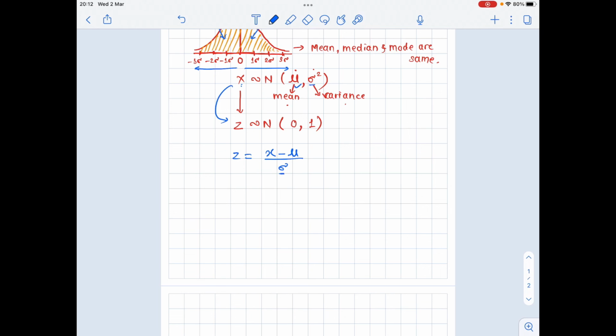Sigma stands for standard deviation and sigma square is the variance. So the standard deviation is basically the square root of variance. That is why sigma is equal to the square root of sigma square.